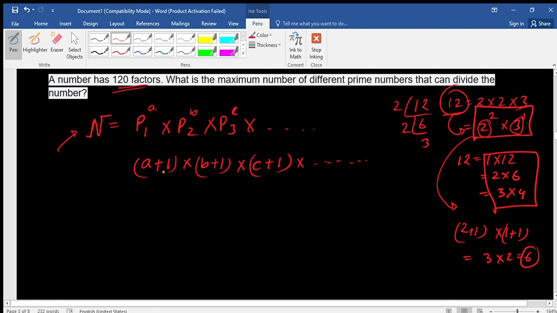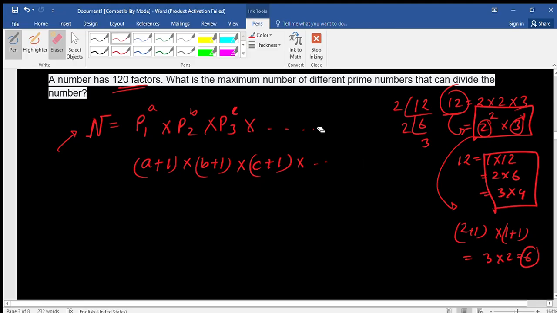Now let's go back to the question. In the question it is said a number has 120 factors. So let's say the number is n, and the total number of factors is 120. In this case the value of a plus 1 times b plus 1 times c plus 1 should be equal to 120, right?